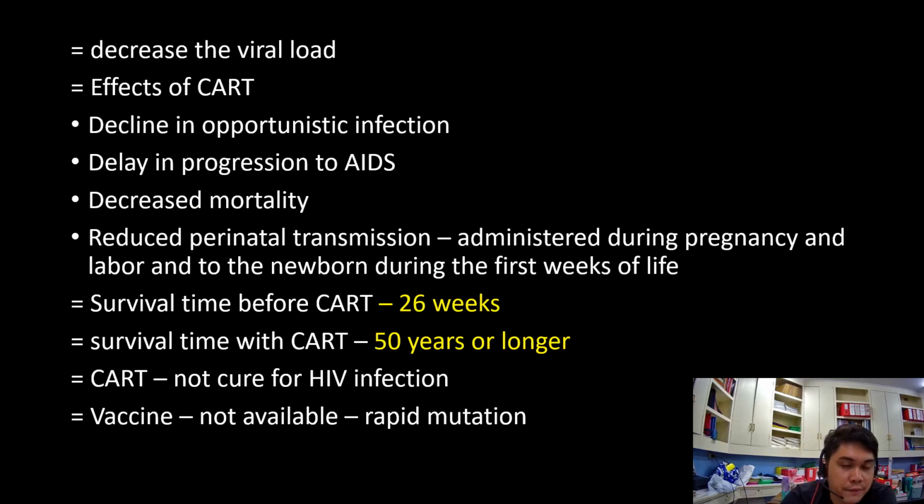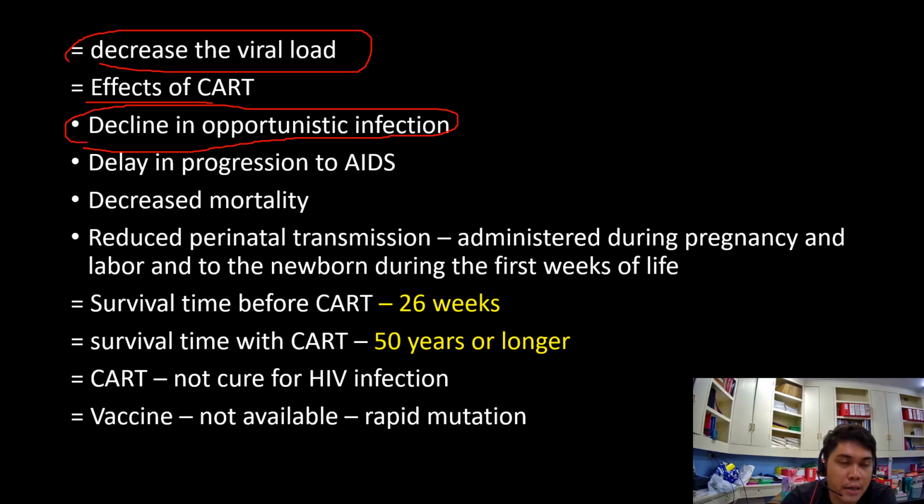So the purpose of antiretroviral drug therapy is to decrease the viral load. The effects: you have a decline in opportunistic infection, so less chance of acquiring yeast infection or bacterial infection. Next is a delay in the progression to AIDS.